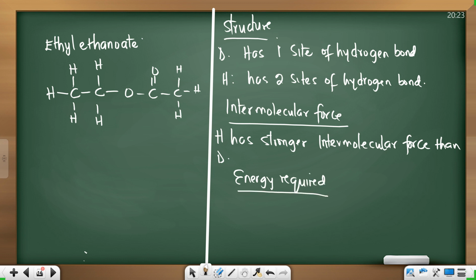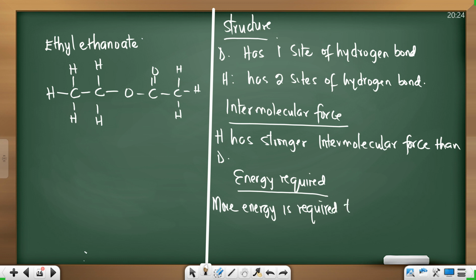Lastly, we talk about the energy required. What do we say? H requires a greater amount of energy compared to D. More energy is needed to overcome the intermolecular force. All right. If you can write it like this, guys, you'll be fine.